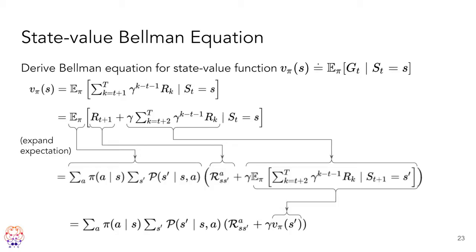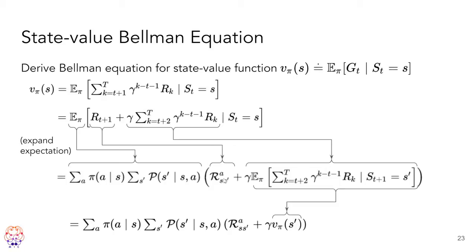To derive the state value Bellman equation, please don't get lost in the math here. Basically, we start with our value function given our policy and a state. It's the expectation of the return, given the state. We expand this into the return for the immediately following time step plus the discounted return for all following time steps. Here we expand the expectation, which is a probability over the action in the state.